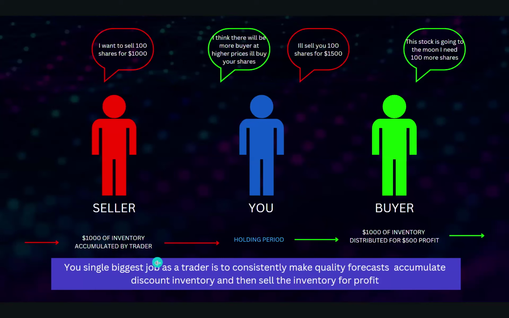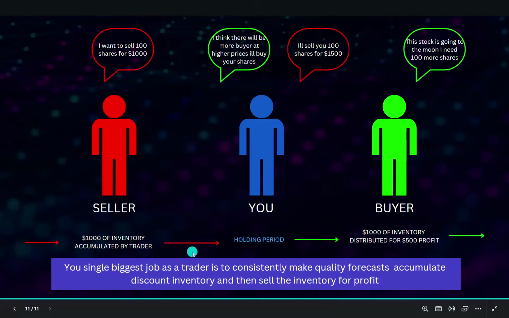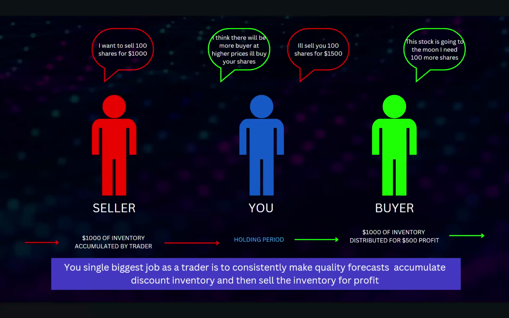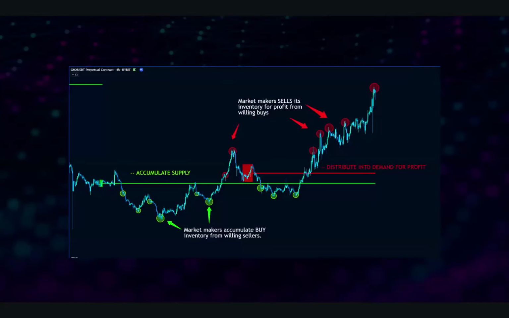So your single biggest job as a trader is to consistently make quality forecasts and to accumulate discount inventory and then sell the inventory for profit. So if we go back to the diagram here, your job as a trader is to calculate on the chart where the places are that you can accumulate inventory at discounted prices, where you can pick up a stock or an asset at a discounted price.